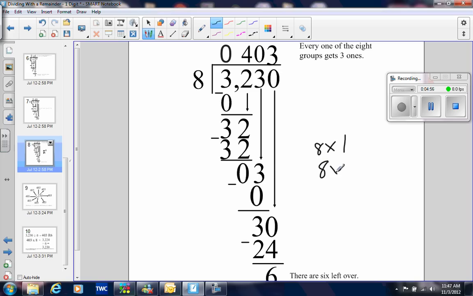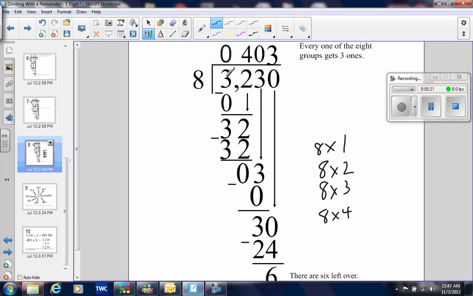If I put a 2 up there, I will have handed out 16, and that's not very close to 30. 8 times 3 gives me 24. That's what I ended up using in this case. I was really close to being able to hand out 4, but that would have been too large. I would have had to have 32, and I only have 30, so I don't have enough to hand out.